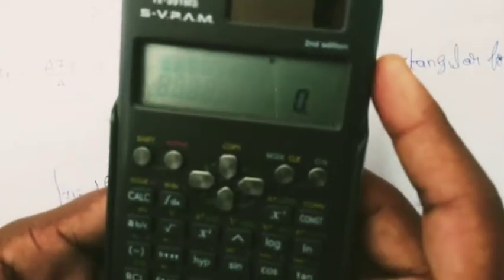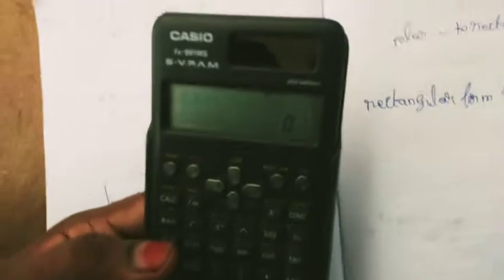So it is very simple to change this rectangular form into polar form. So I am using this Casio. For this purpose we have to reset our Casio first. Okay, and first we are making the points into polar form.